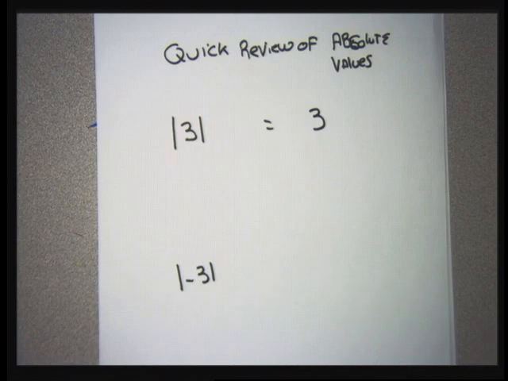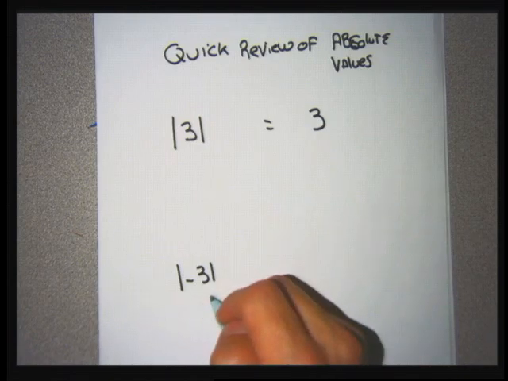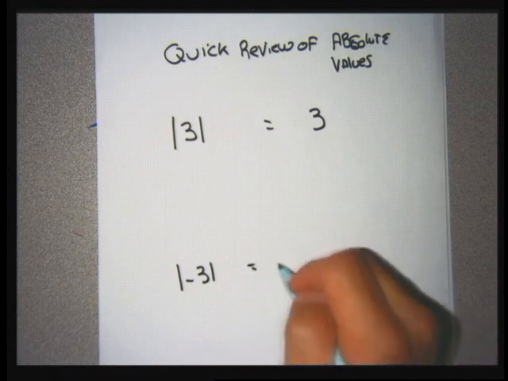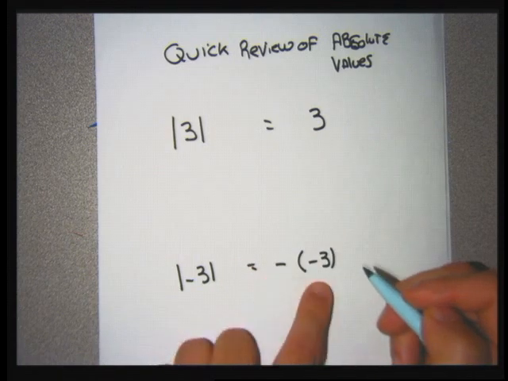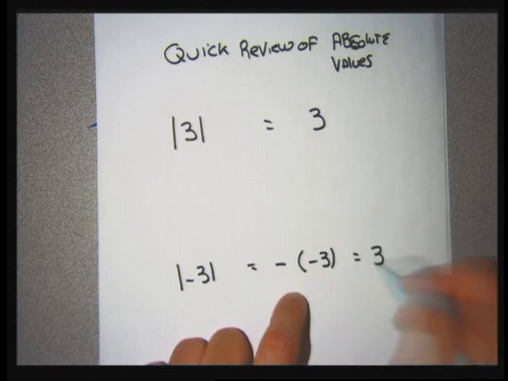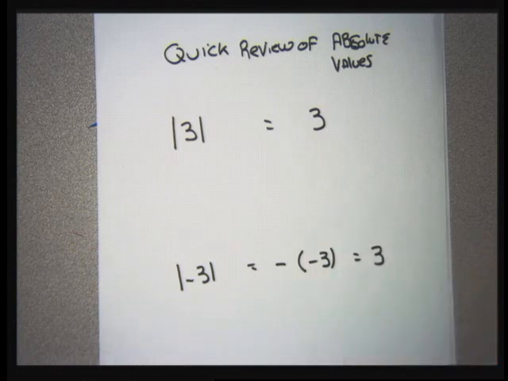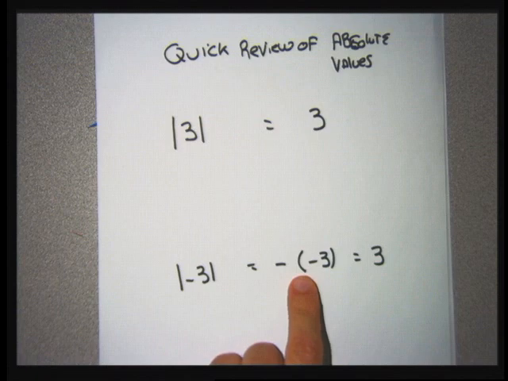Technically, the absolute value of -3 is the opposite of -3, and the opposite of -3 is +3. You generally don't show that step, but it's going to be important when we're dealing with variables because they work differently than numbers.